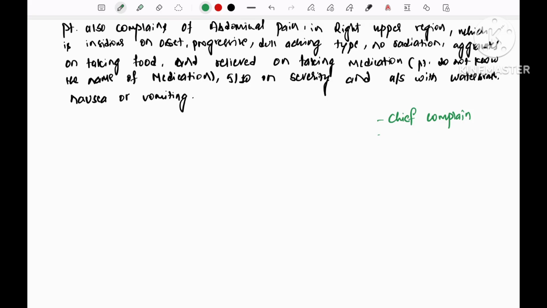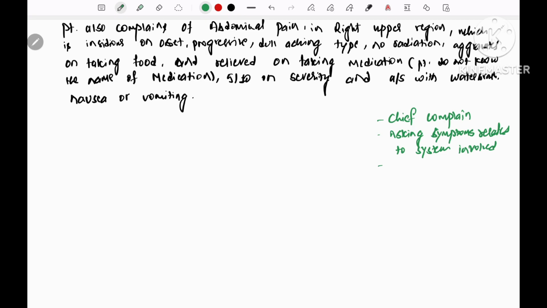If the abdominal system is involved, then I will ask the history of abdominal symptoms, that is, symptoms related to the system involved.